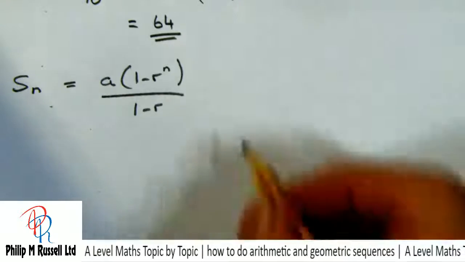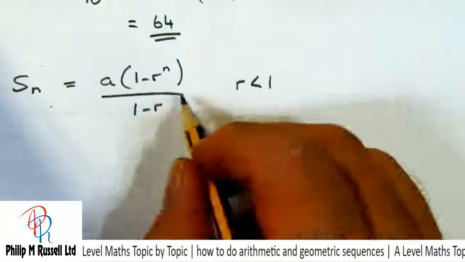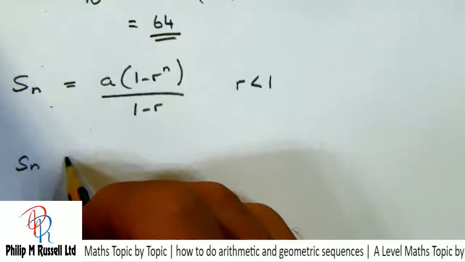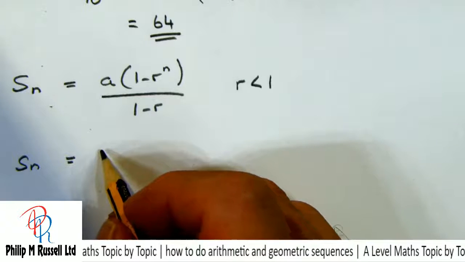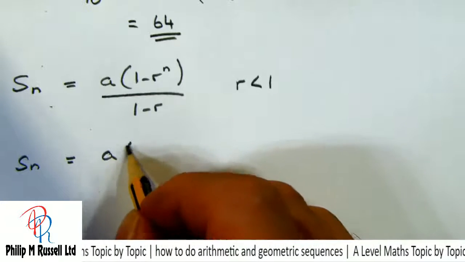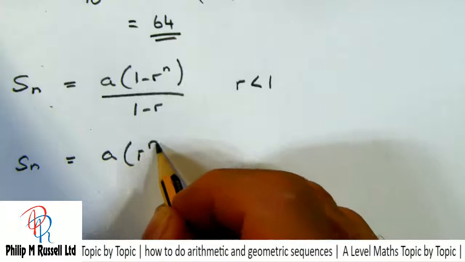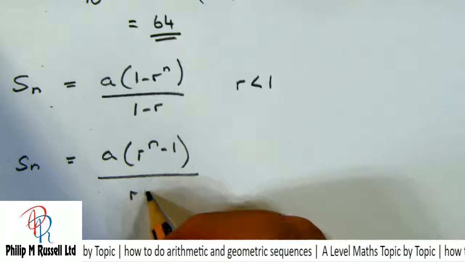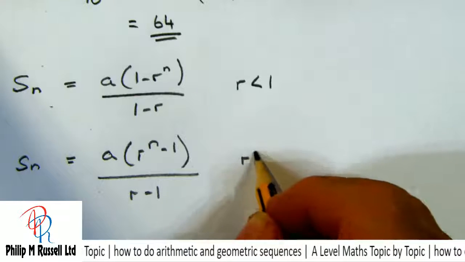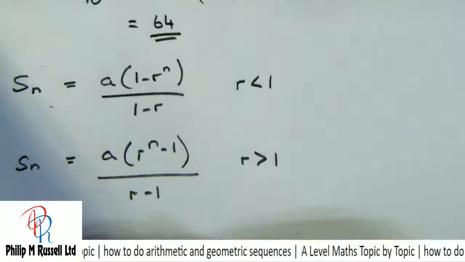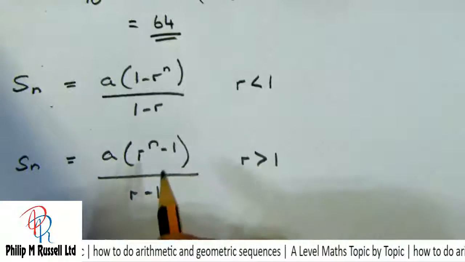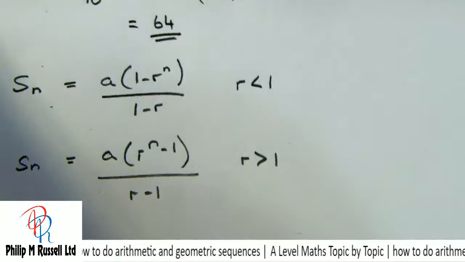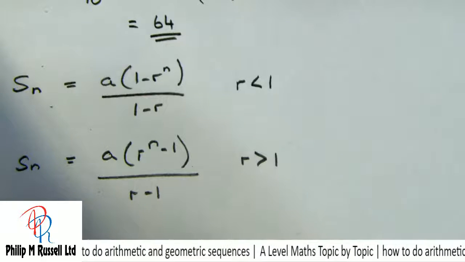So if r is less than 1, we use this form, and if r is going to be greater than 1, then I can use this form. And it just makes life a little bit easier when you're trying to work out what you're actually doing.